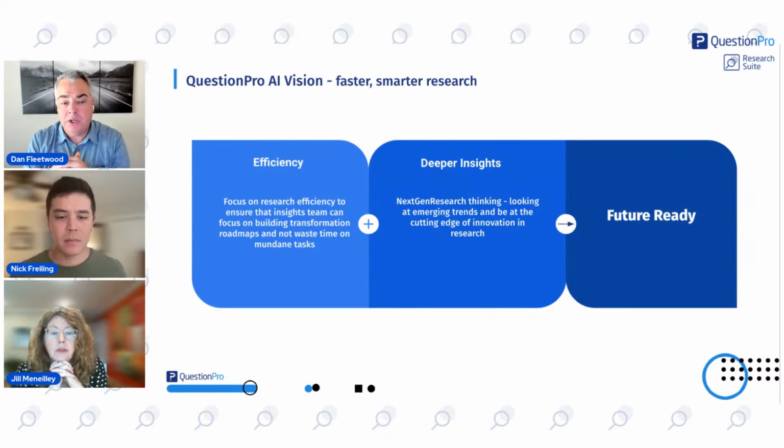So QuestionPro's AI vision, essentially it starts with efficiency. Really the reason that you have any AI or ChatGPT or generative AI, whatever you want to call it, is for efficiency and to reduce the time frame from getting from idea to insights. This is something that we focus a lot on and think a lot about in terms of how can we help you and ensure insights teams can focus on building transformation roadmaps and not waste time with mundane tasks, the run of the mill things that you have to do but aren't necessarily that fruitful.